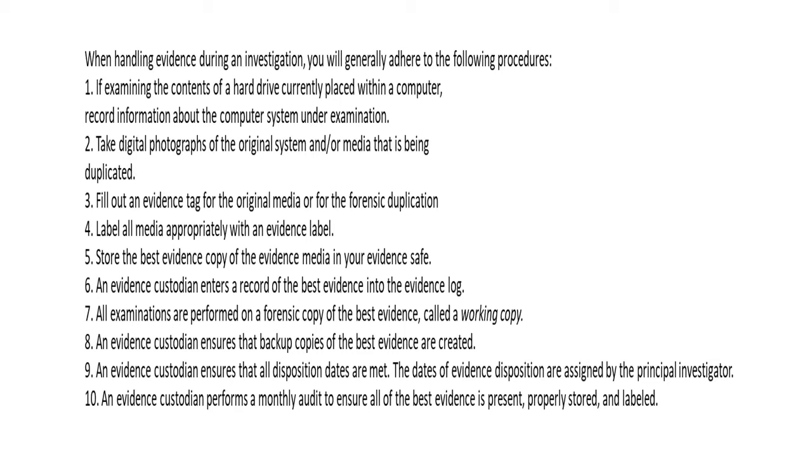An evidence label is also going to contain information such as the agency or the investigator who collected the evidence, the date and time, the case number, the item number, the location, as well as remarks if there are any. And it can also have an area for chain of custody on that evidence label.